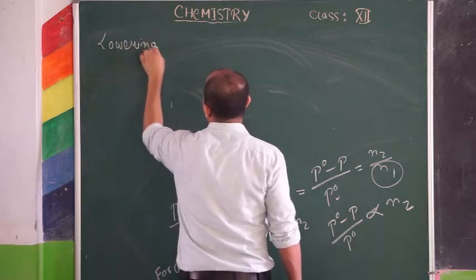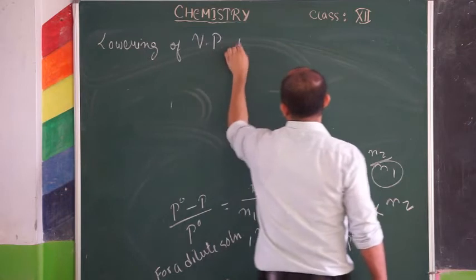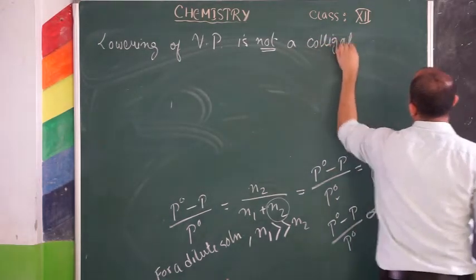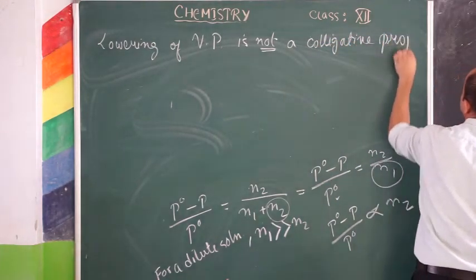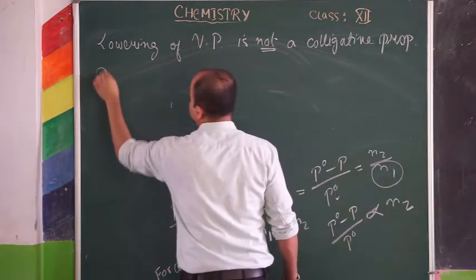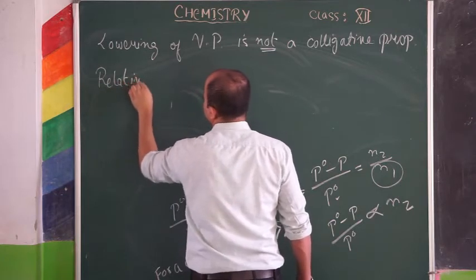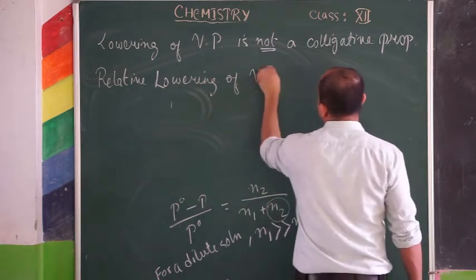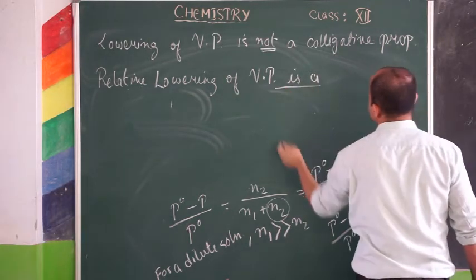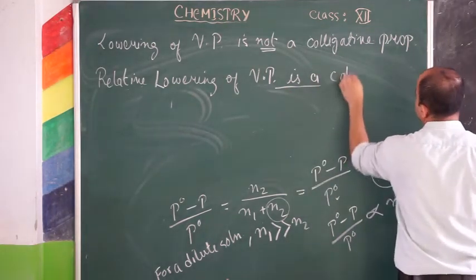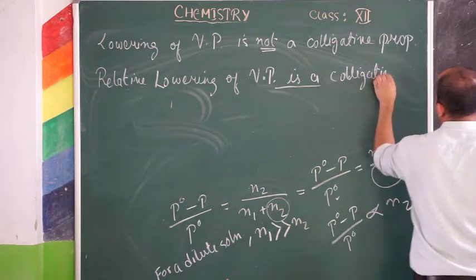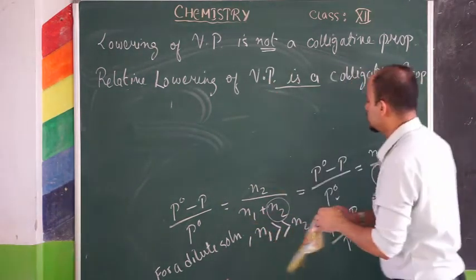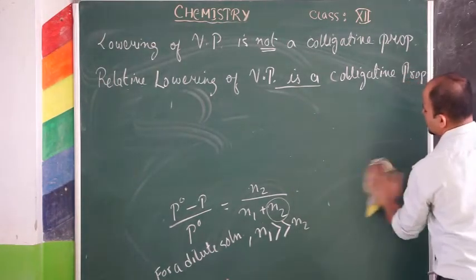Lowering of vapor pressure is not a colligative property, whereas relative lowering of vapor pressure is a colligative property.